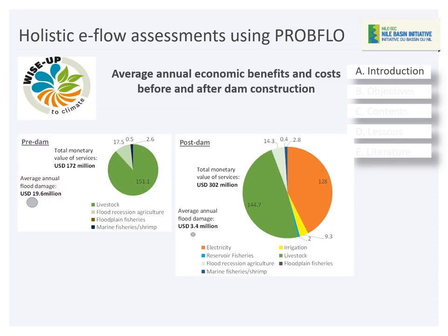And if you look at the benefits from this development, you can see in terms of the value of this development in the Rufiji River, we've got some indication of the total value of the resources and how that was allocated to livestock, food, flood recession agriculture, floodplain fisheries, and marine fisheries or shrimp, the lower part of the study area, and the total value of the water resource.